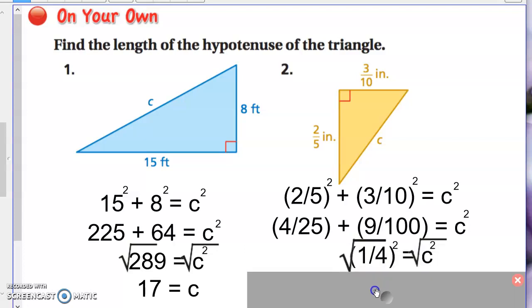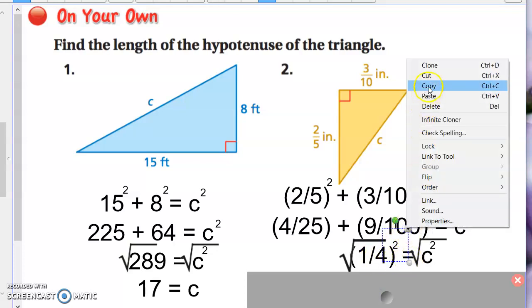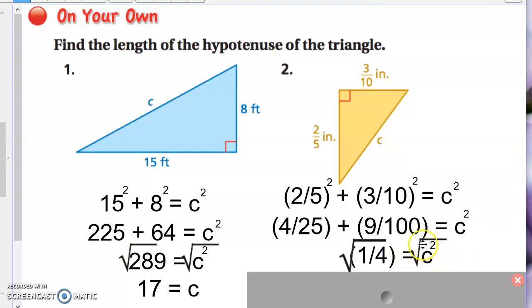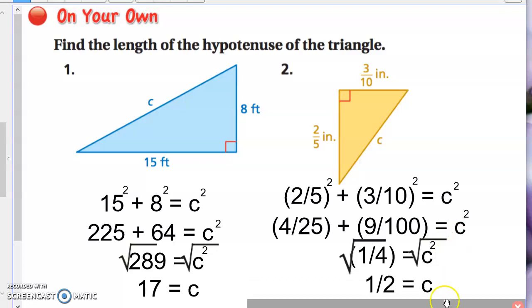It's going to give me 1/4. So 1/4 equals, oops, that little 2 should not be there, equals C squared. So then I just have to square root both sides, and 1/4 square rooted gives me 1/2. So that means the length of this side here would be 1/2 inches.